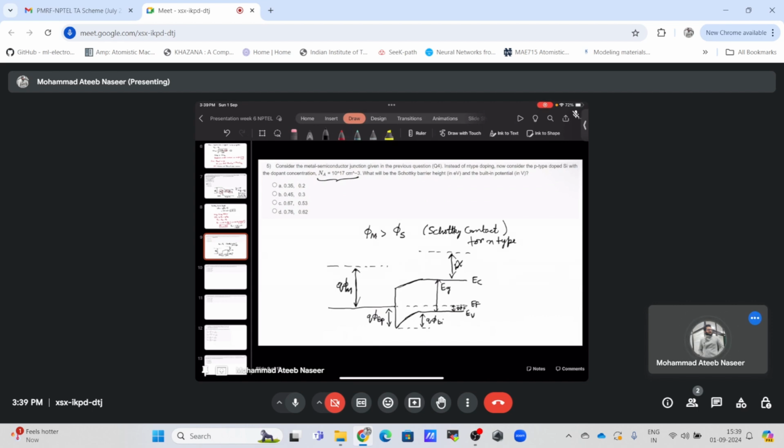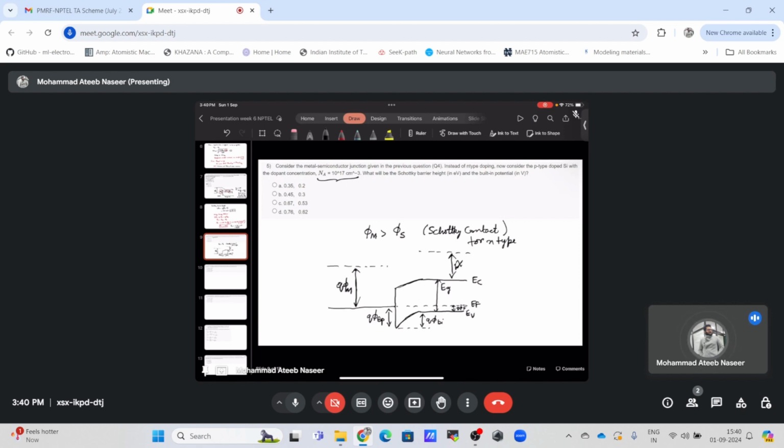This is the p type semiconductor and metal interface. So actually I should have drawn it like this.